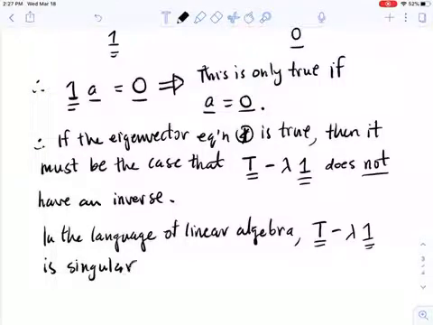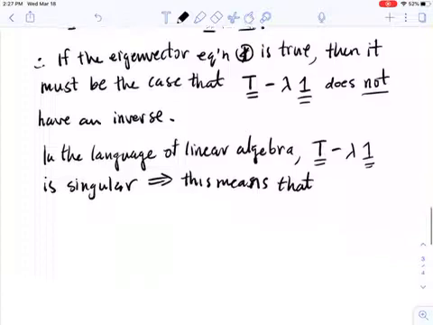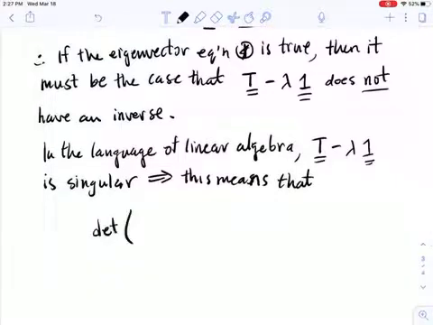Okay, so it has no inverse, and singular matrices have a determinant that's equal to 0. This means that the determinant of T minus lambda times the identity is equal to 0.